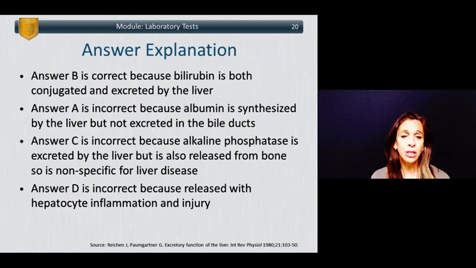Answer B is correct because bilirubin is both conjugated and excreted by the liver. Answer A is incorrect because albumin is synthesized by the liver but not excreted in the bile ducts. It's delivered directly into the bloodstream. Answer C is incorrect because alkaline phosphatase is excreted by the liver through the bile ducts, but is also released from bone, so it's not specific for liver disease.